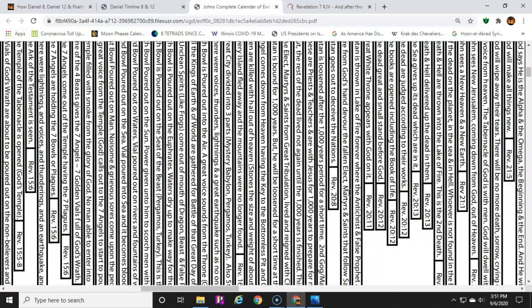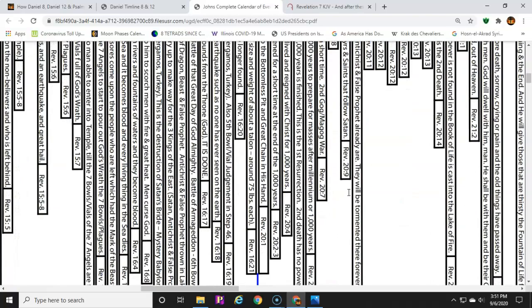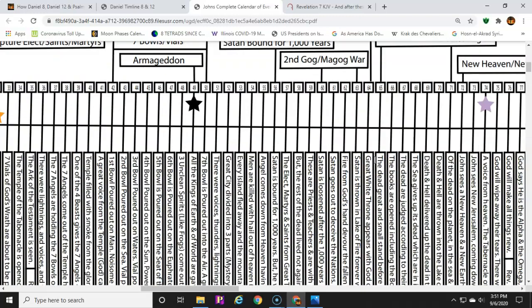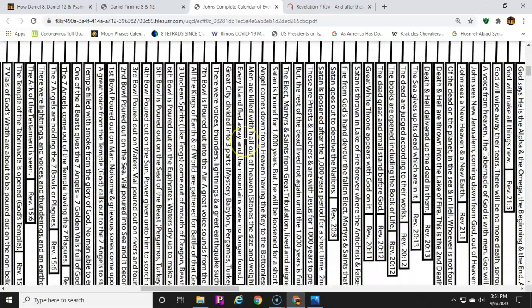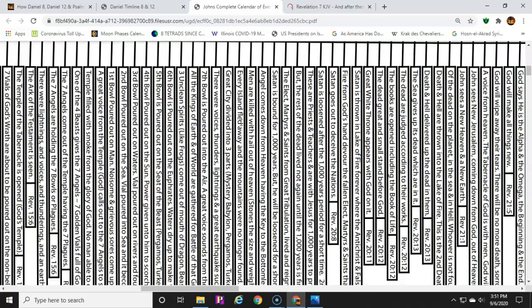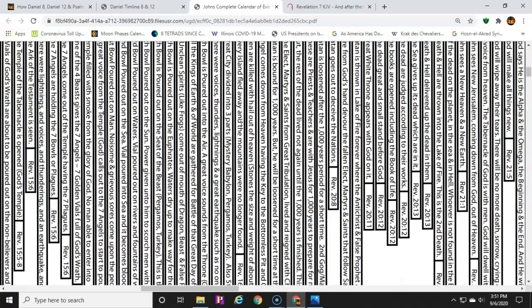So once he pours that seventh bowl out in the air and reconstitutes the planet as a new kingdom, then we start to see the opening of the books of life and different things like that. So he divides that city, Mystery Babylon, in three pieces, and all mountains and islands are no longer found.